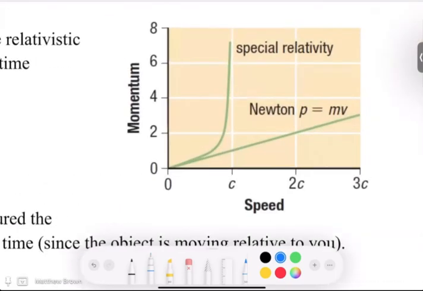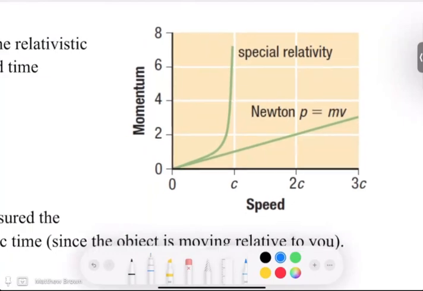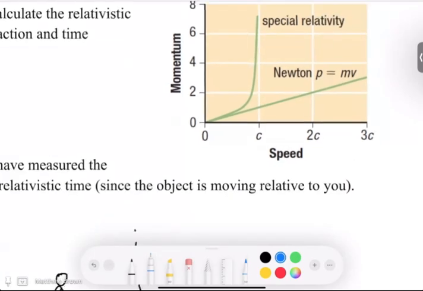I sort of skipped over this, but if you start putting in the numbers, you can see that as you approach the speed of light, classical Newtonian momentum would just keep going linearly as speed increases, since v has the exponent 1 in the equation. But relativistically, the momentum goes up quite substantially as you get closer to c.